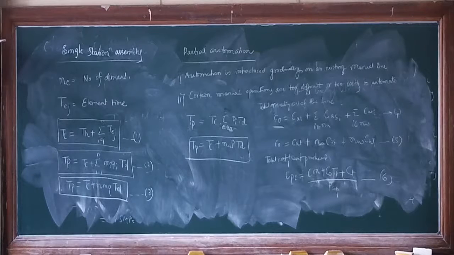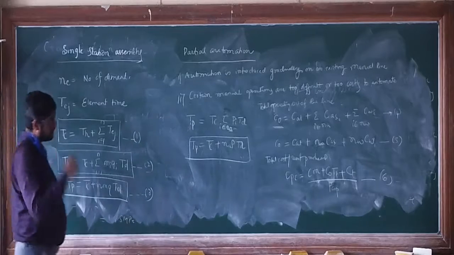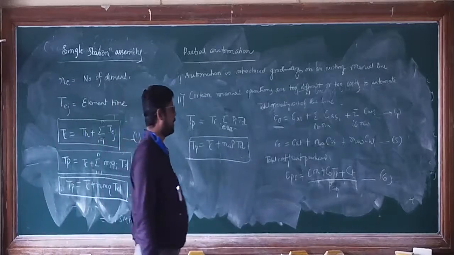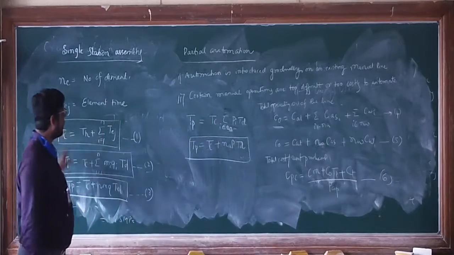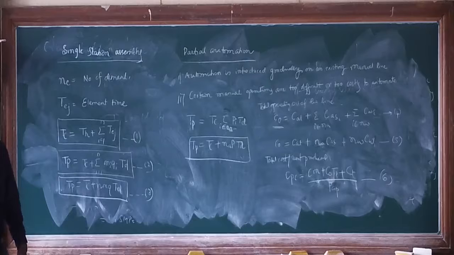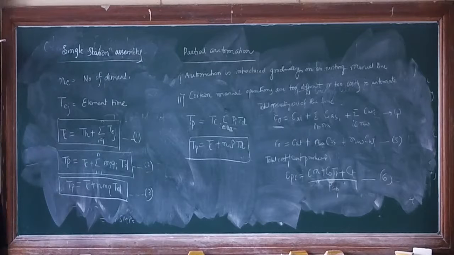So, summarizing this particular unit, you have seen today the single station assembly line and the partial automation.